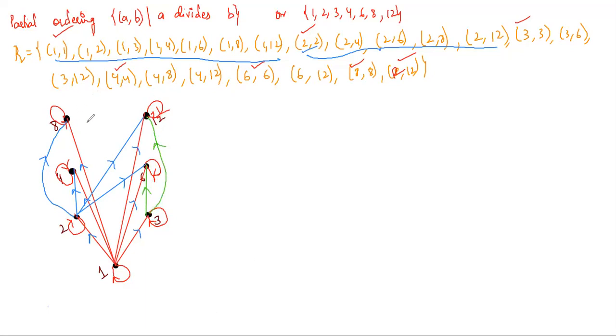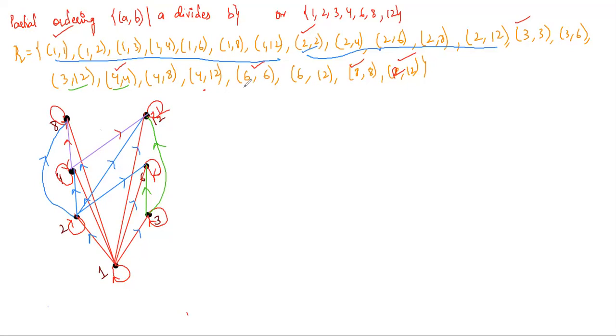After that, we have 4, 4, which has already been done. Next we have 4, 8. So for 4, 8, it is in this way, and then we also have 4, 12, and let's give the direction for both of these. This is 4, 8, and finally 4, 12. So this is also done.